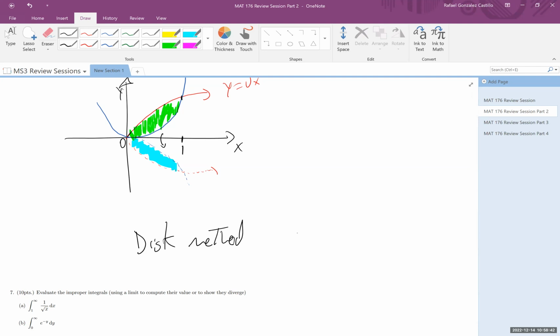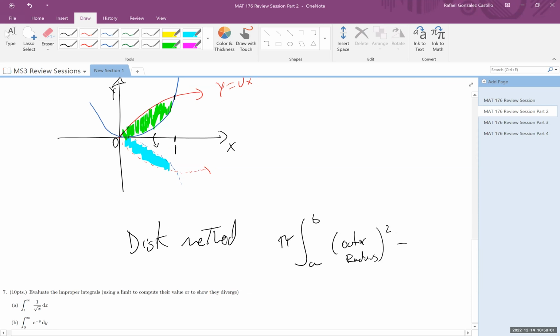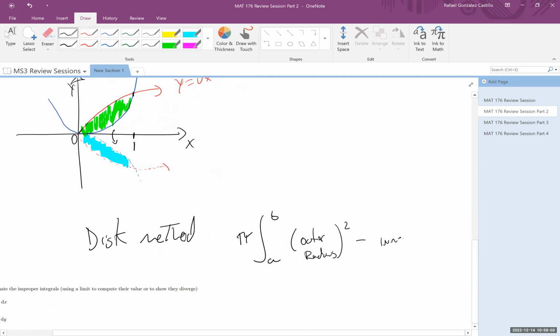you get that volume by doing pi times the integral from a to b of, and I'm not going to write it the way that the book writes it. I'm going to write it in the following way. You have the integral of a to b of the outer radius squared minus the inner radius squared dx.